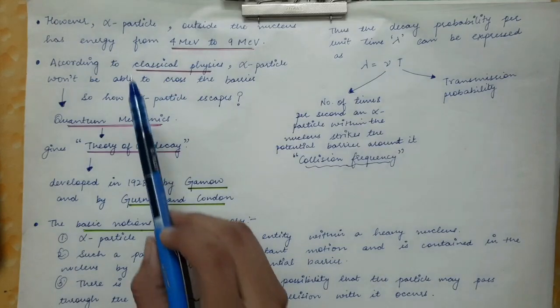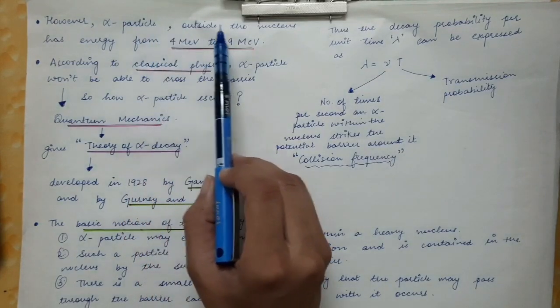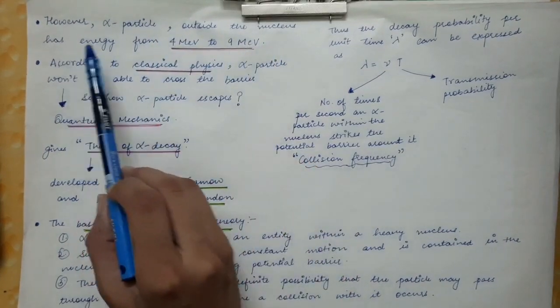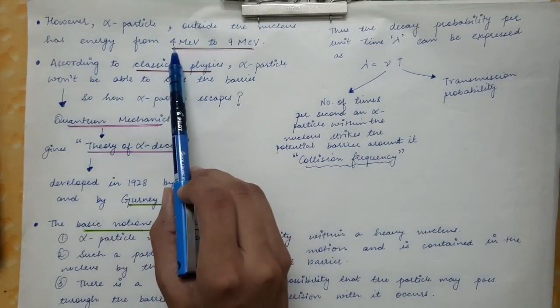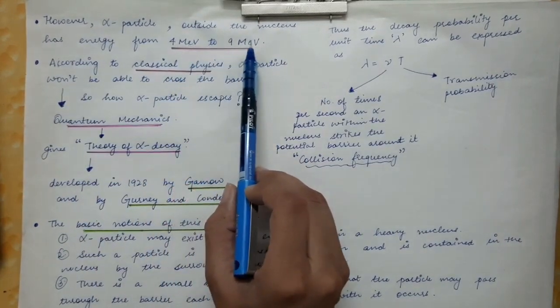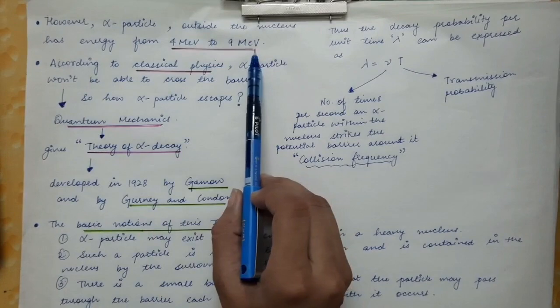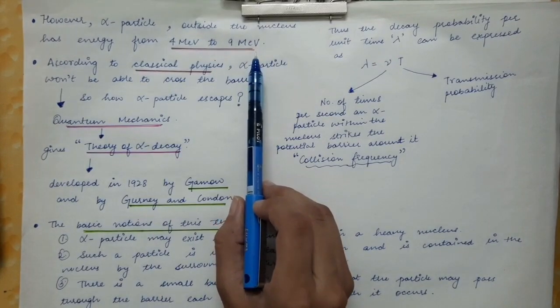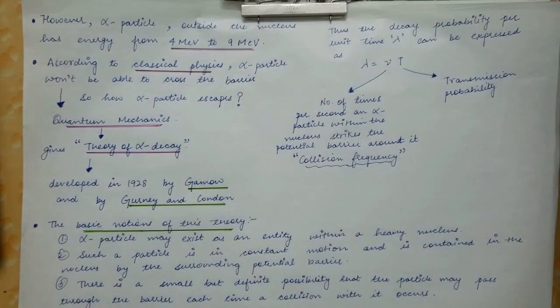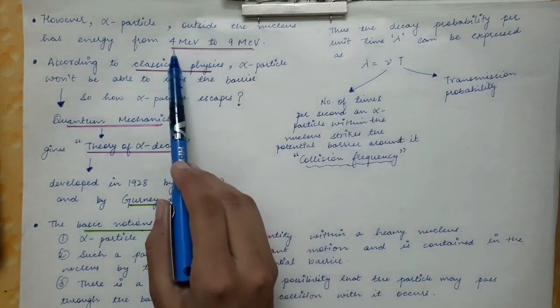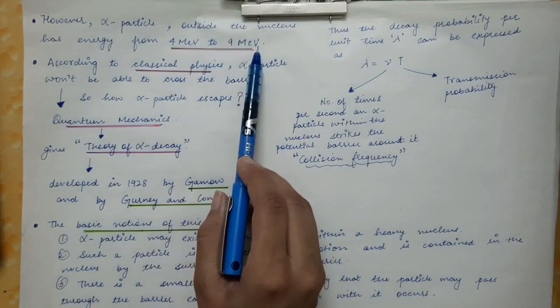Now the main problem was that the alpha particle outside the nucleus has energy of about 4 megaelectron volt to 9 megaelectron volt. This we have already seen in previous lectures, that the alpha particle emitted by the nucleus has energy in the range of 4 to 9 megaelectron volt.